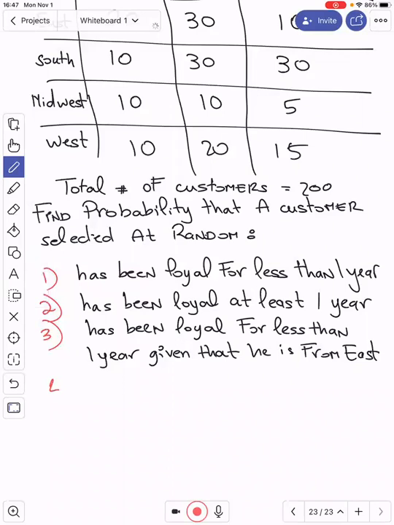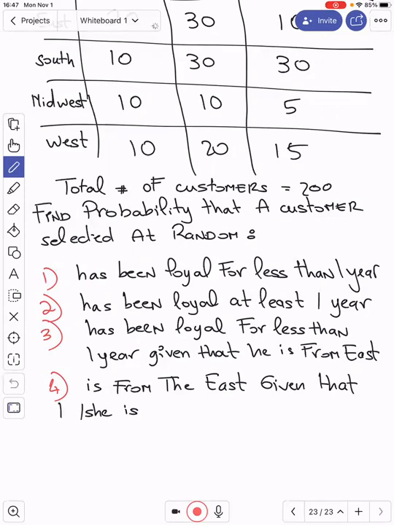A customer selected at random has been loyal. So the probability that the customer selected at random has been loyal. No, sorry, is actually from the East. Is from the East, given that he or she has been loyal for less than 1 year.